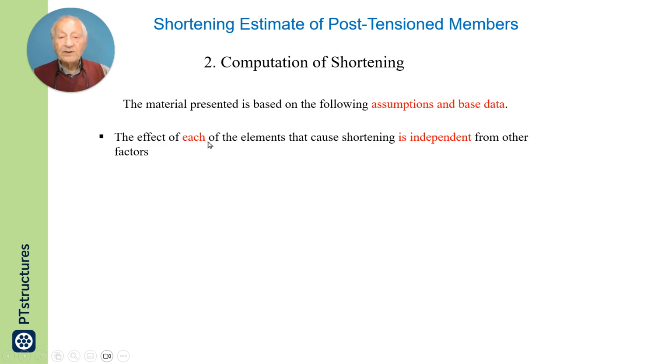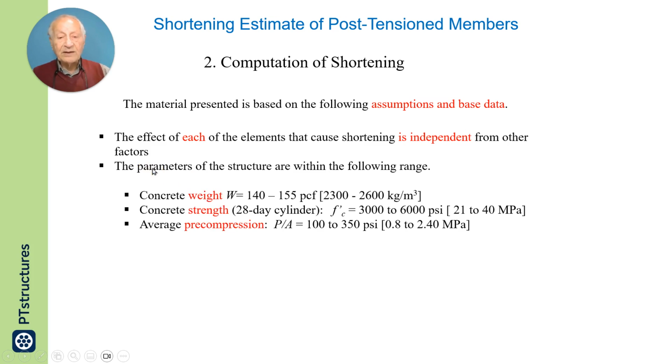The effect of each of the elements that cause shortening is independent from the other. In other words, we are assuming that shrinkage shortening does not impact creep shortening and so on. That simplifies the presentation. The parameters given in the following are based on this concrete material.